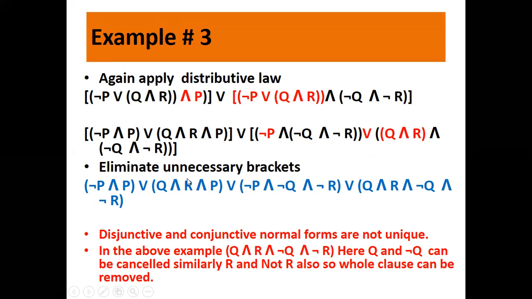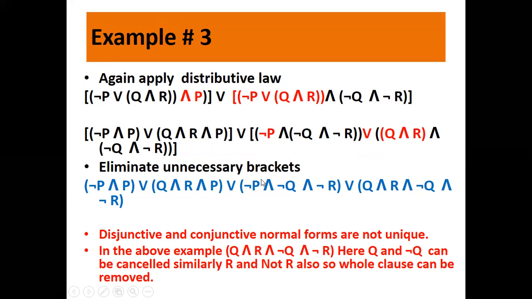Now we will eliminate the unnecessary braces. When you eliminate them, this square bracket will be eliminated. What you get is negation of P and P, or Q and R and P, or, if you remove the braces here, negation of P and negation of Q and negation of R, this whole thing as one, or Q and R and negation of Q and negation of R. This is what you get.